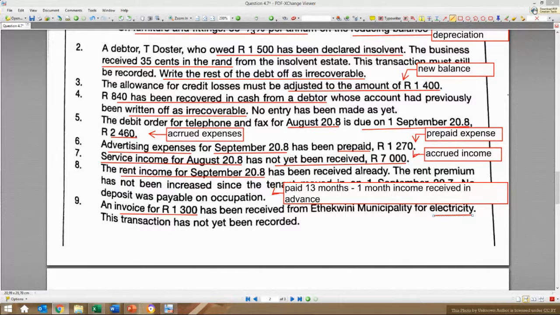Okay, let me repeat it. Transaction number 9. How would you account for it in our accounting records? Normally, I would capture this via one of the journals. Which journal would I capture this transaction under?